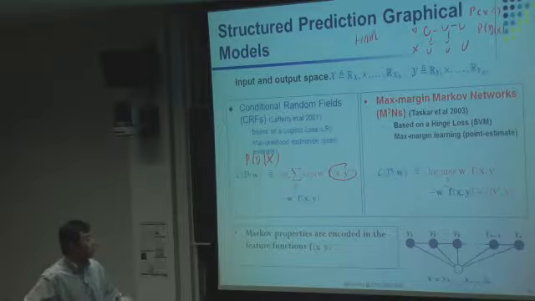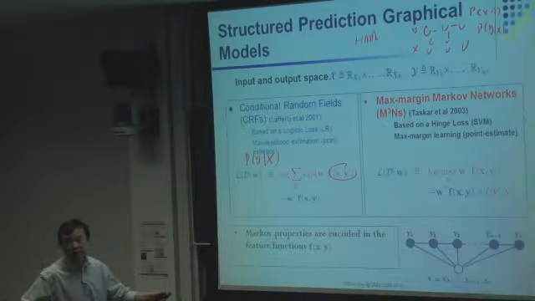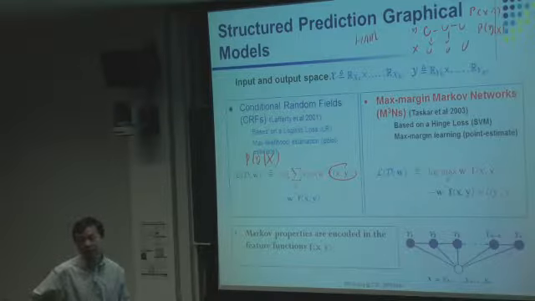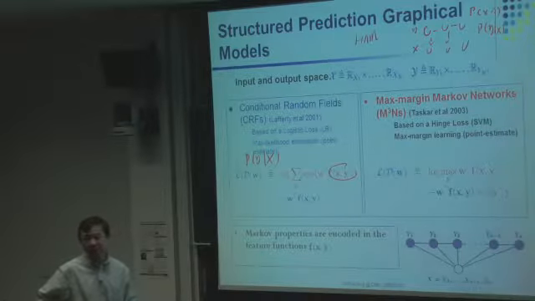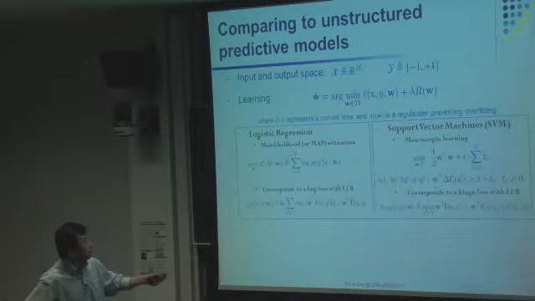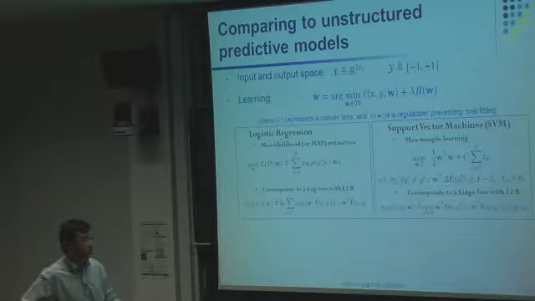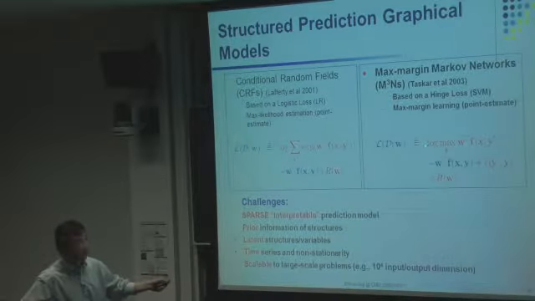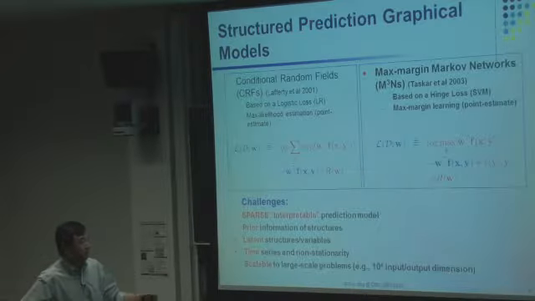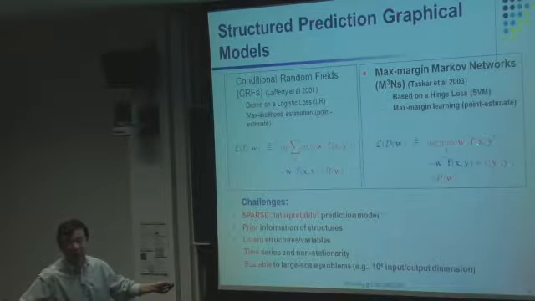But after all, I want to send out a message that this model and this model belong to the same framework of loss minimization over structured prediction models. If you look at the classical unstructured predictor and the modern structured predictor, the only difference is in the design of these feature functions.